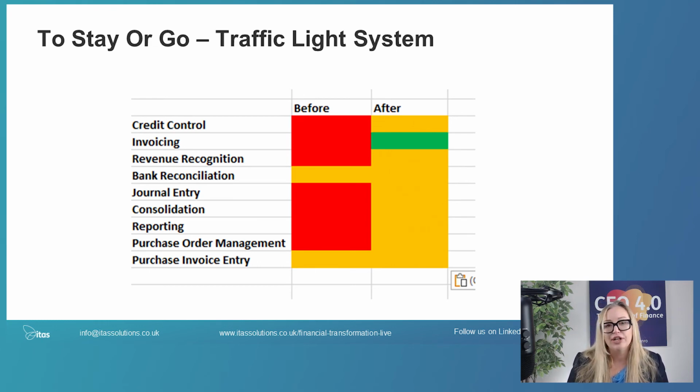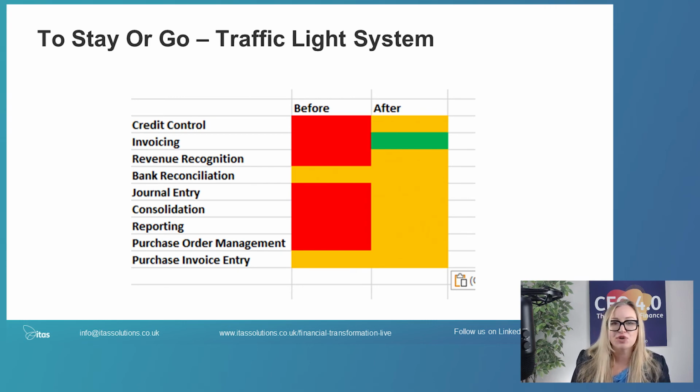What you're looking to understand is, if we spent this money on this system, is it going to deliver everything that we need, or is it just going to partially meet expectations? And what you're looking to understand is the pattern across.